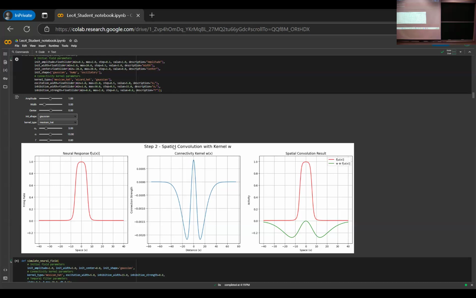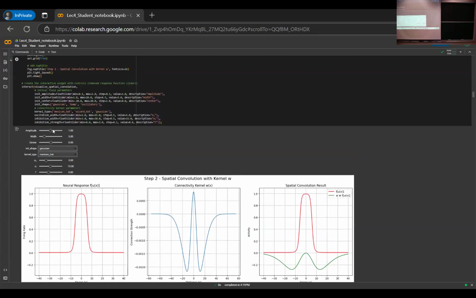For the spatial convolution step, what we do is convolve the firing rate pattern that we had with the spatial connectivity kernel. That leads to this green activation pattern, or communication pattern rather.